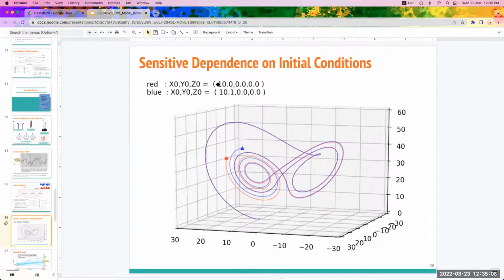The red one is starting with X equals 10, Y and Z equal to 0. And then the second one is 10.1. Okay, just a little bit different from the red one. So they have very, very similar initial conditions for the two experiments in here. So both of them are starting from here.